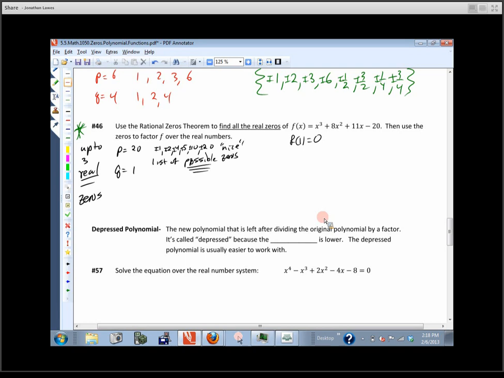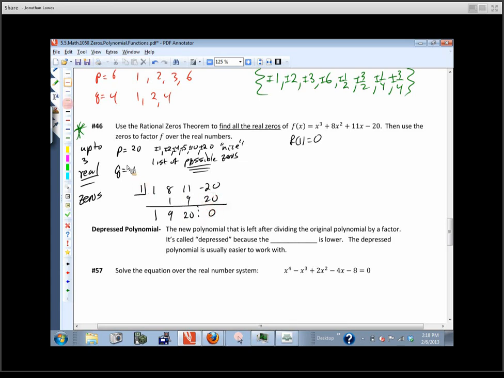So what I know is if I set up synthetic division with a 1 in the box and then do a 1, an 8, an 11, and a negative 20, what do I know is going to show up right here? I know it's going to be a 0. Now, here's why you want to do this. Bring down, multiply, add, multiply, add, multiply. We're in great shape.